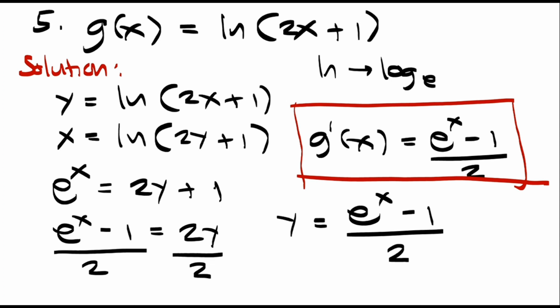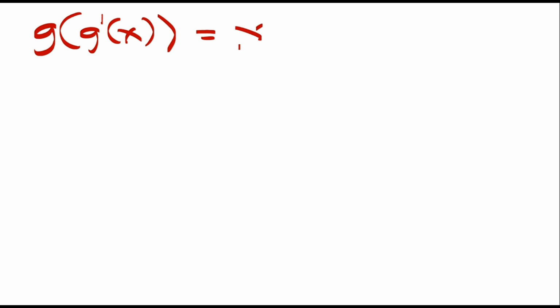So let us again verify one of the conditions. One of the composition rules must be equal to x. Let us try to verify g of g prime of x, whether this is really equal to x.